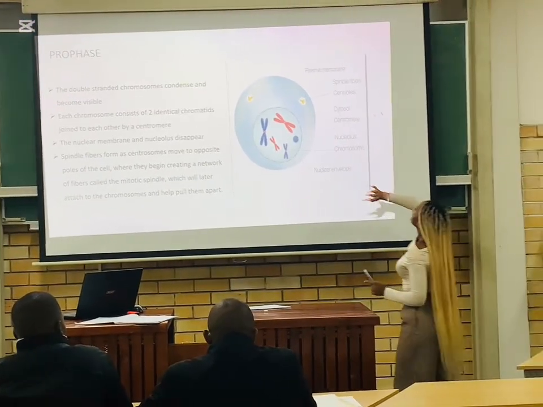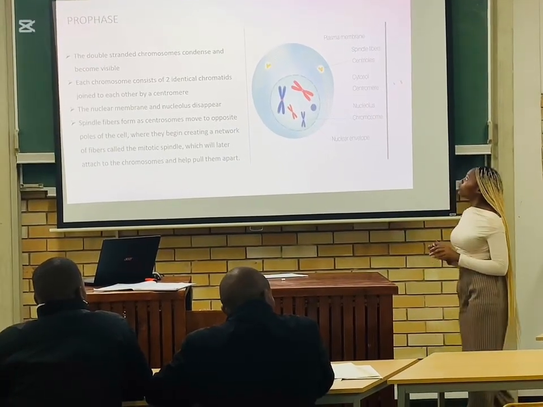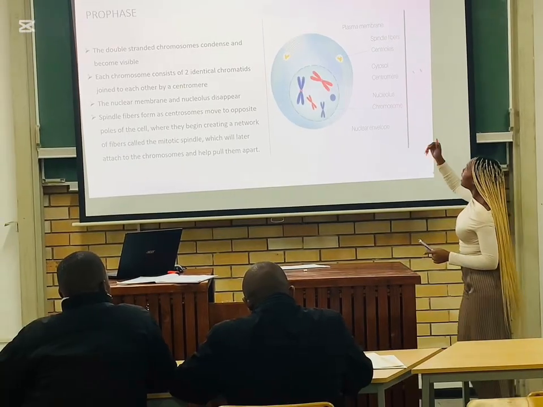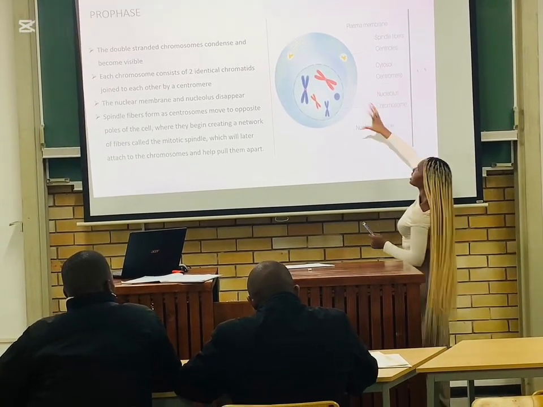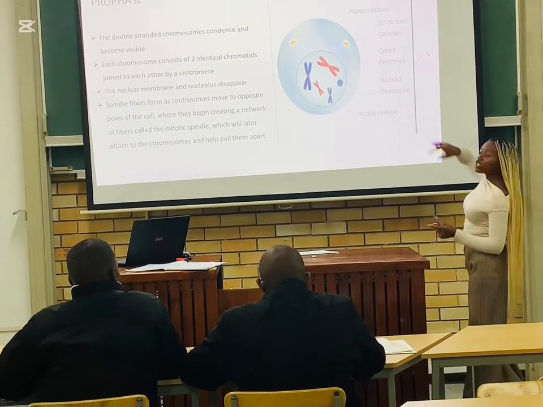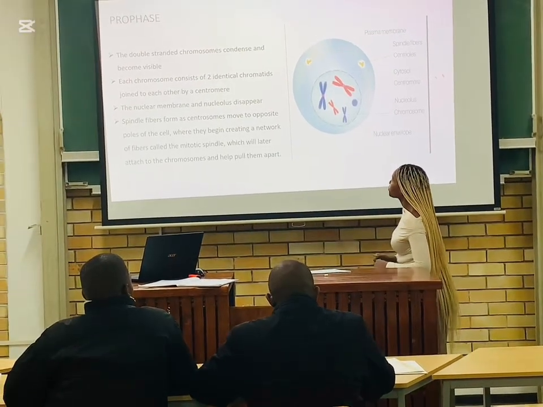Moving on to the centrioles. Centrioles are responsible for the formation of spindle fibers. And then, as you can see, spindle fibers are thread-like structures. These spindle fibers are responsible for chromosome movement. Do you understand? Yes.